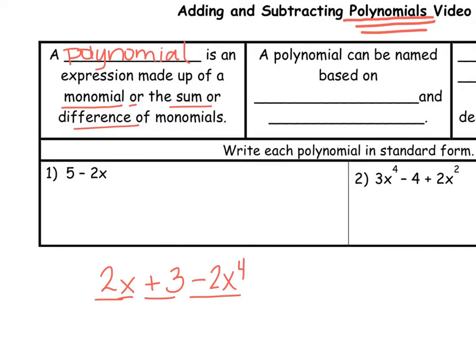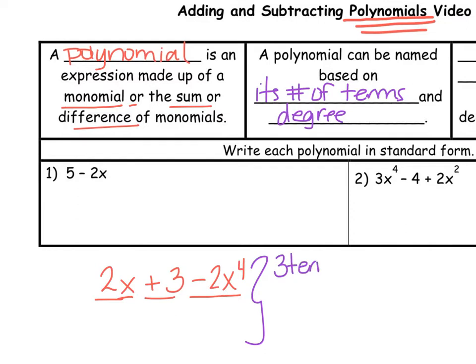Polynomials can be named based on their number of terms and their degree. So let's go back to this example below. This polynomial has 3 terms, so we can call that a trinomial, and its degree is the highest exponent.